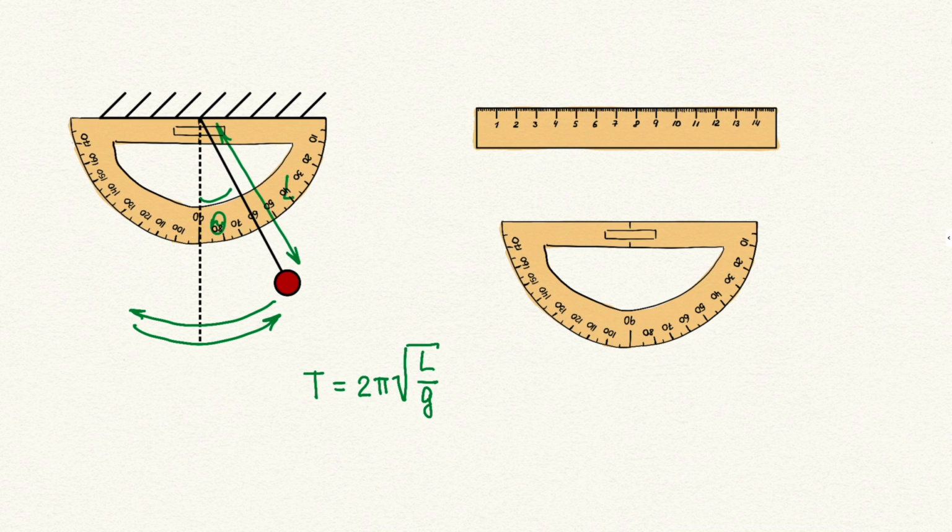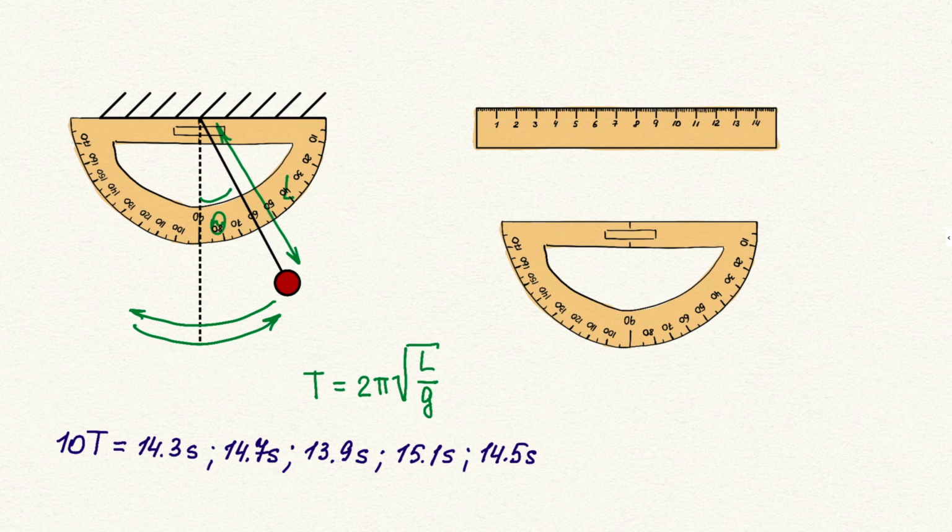So let's say I measured 10 periods of oscillation of the pendulum, and I got 5 different results. The first measurement was 14.3 seconds, and then the second measurement was. So we have 5 different measurements of 10 periods of oscillation.